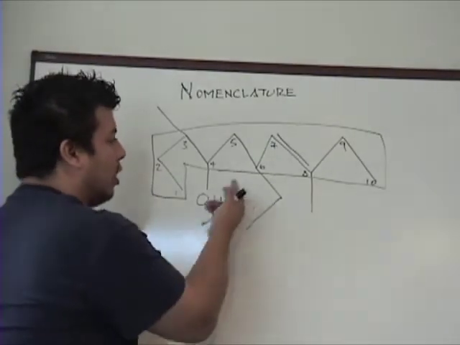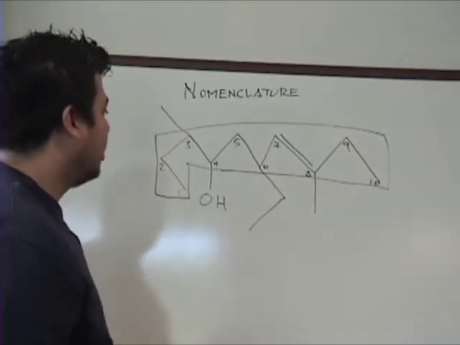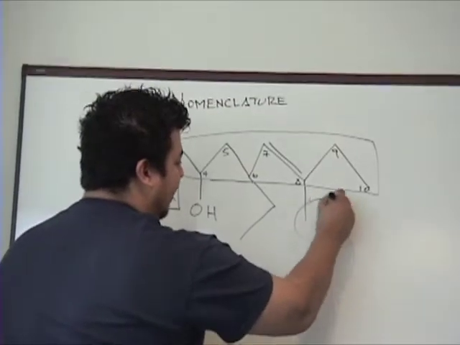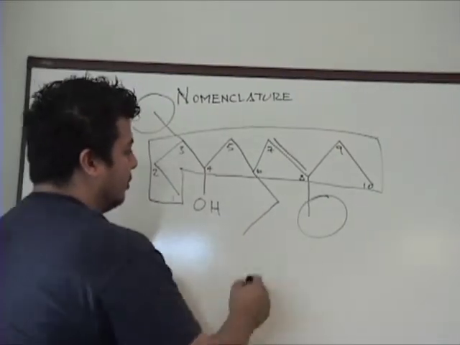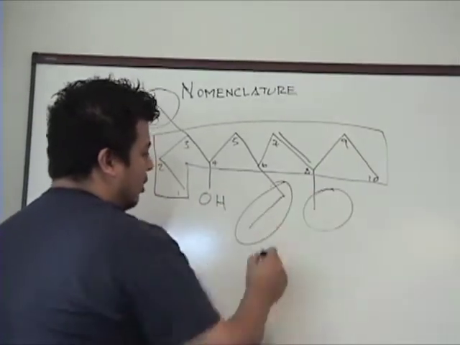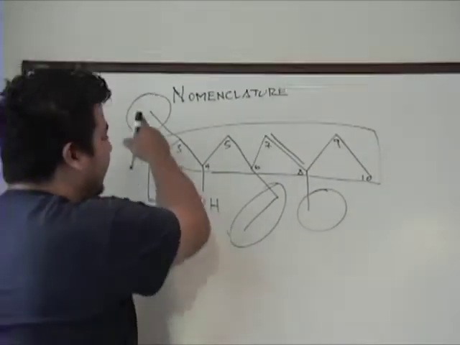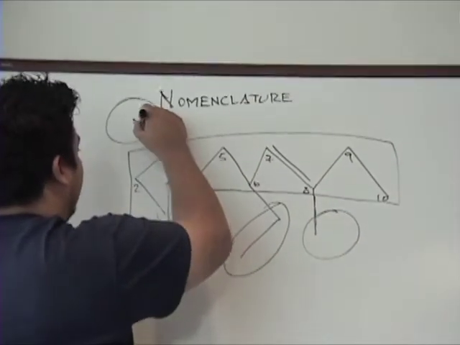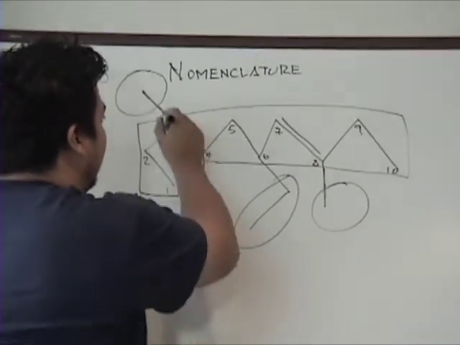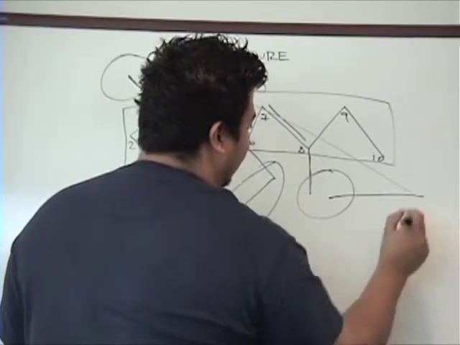I know it's an alcohol and it has alkene properties. So whatever else is left, we know it's going to be substituents. So we have 3 substituents here. These two are the same. We have a methyl here and a methyl here. So we know they're the same. So I'm going to go ahead and name them.